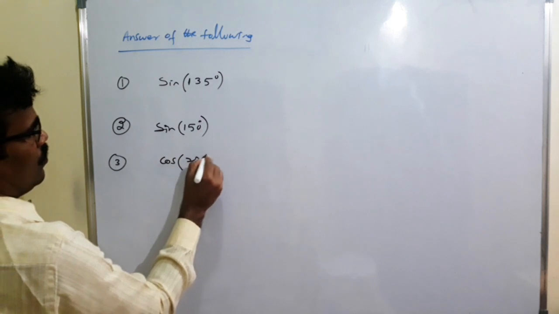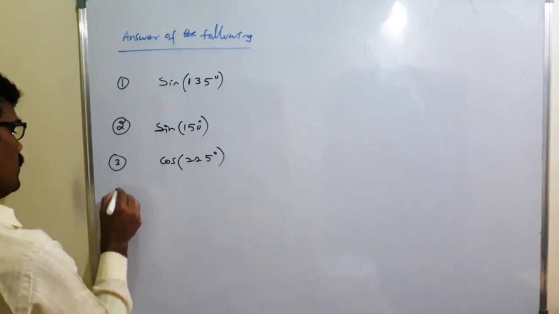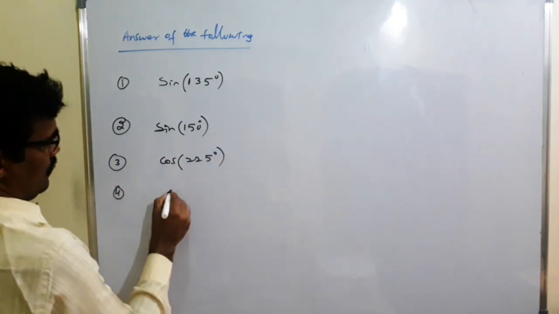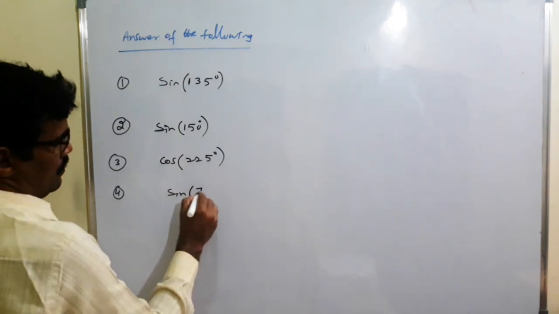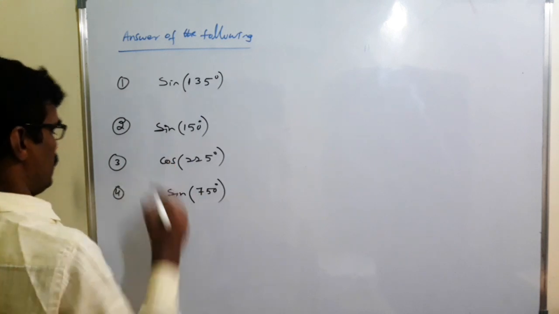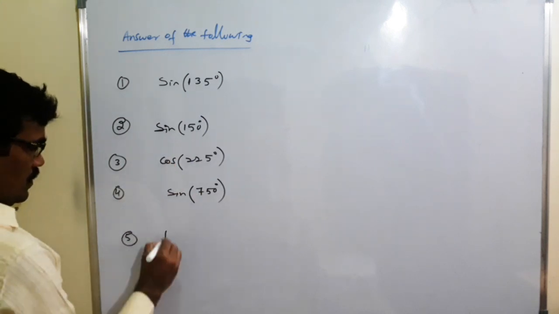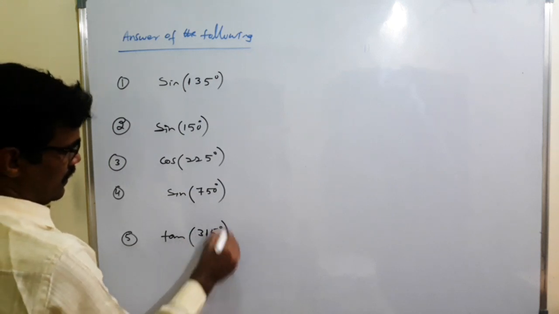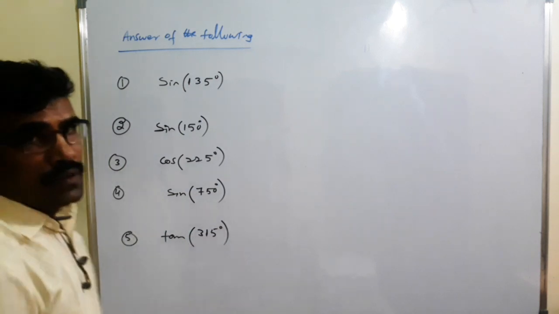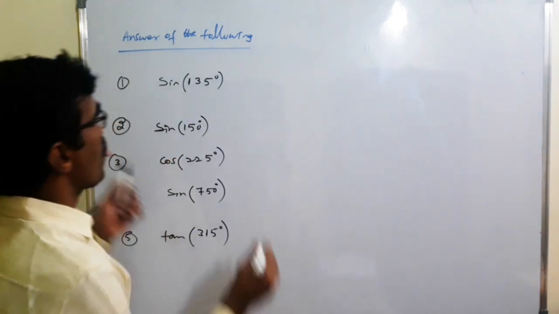Cos 225 degrees. Then sine 750 degrees. Tan 315 degrees. So I want answers from this.